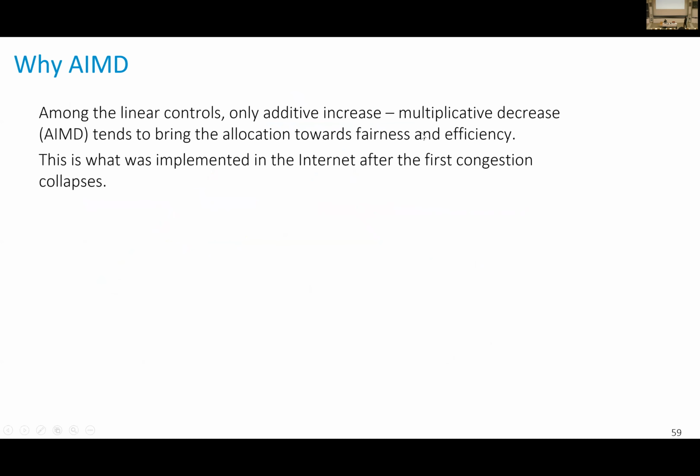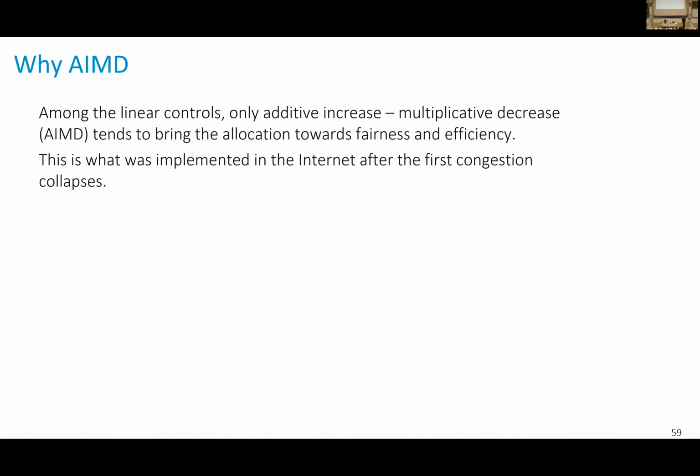So this is why we do this in the internet. If we use such a simplistic scheme, decrease or increase based on feedback here, the increase should be additive and the decrease should be multiplicative here. So this celebrated AIMD is what is implemented in the internet.